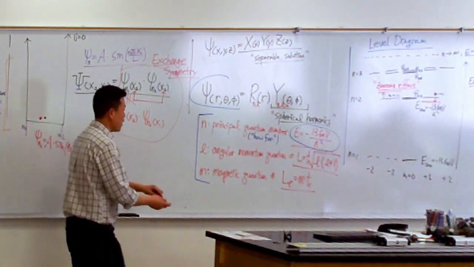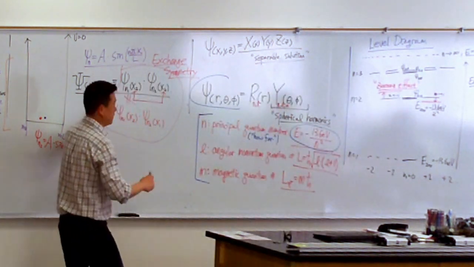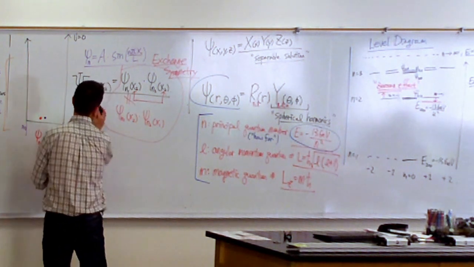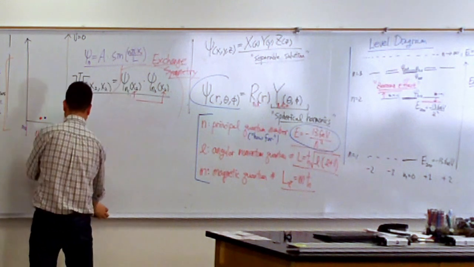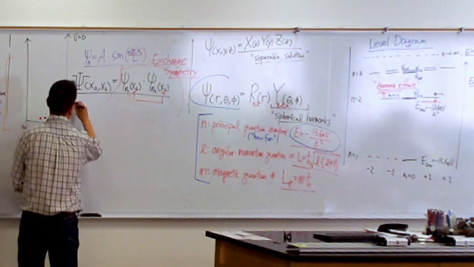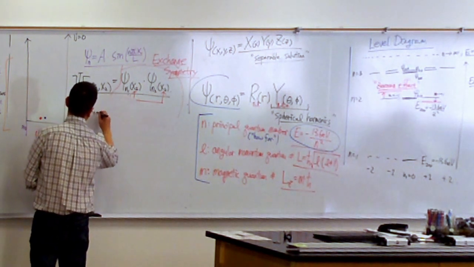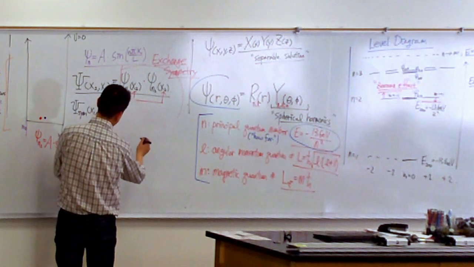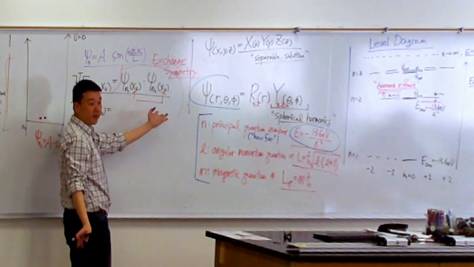Let me show you one example of that. I can use this as a starting point and build you this symmetric wave function. I'm staring at this and I have some ideas. Let me try out that idea. This is what I'm going to propose as my symmetric wave function. Psi of x1, x2 is equal to, well, my problem is that when I swap these two, it becomes an entirely different thing.